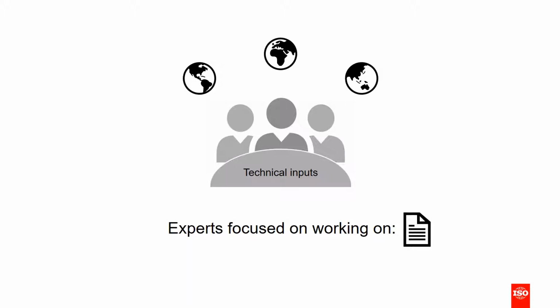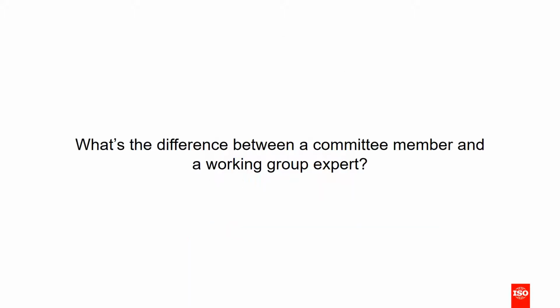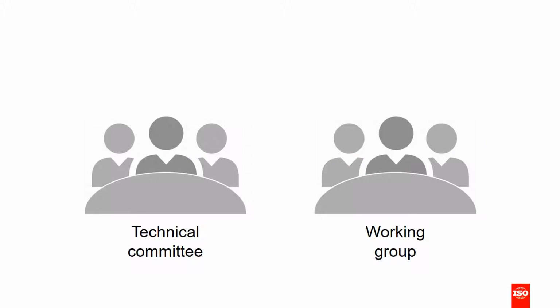So what is the difference between a committee member and a working group expert? So we know now that committee members sit at the technical committee table, and we know that the experts sit at the working group table, and we know that technical committees take strategic decisions, whereas working groups work on technical documents.